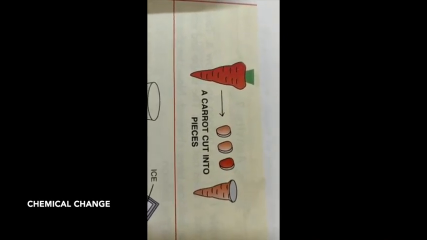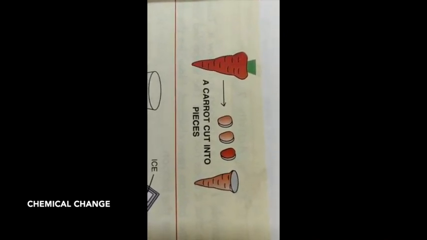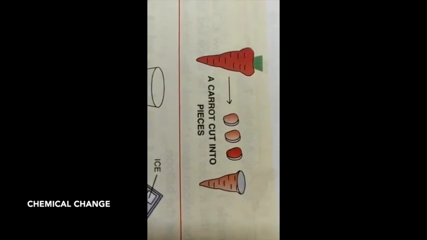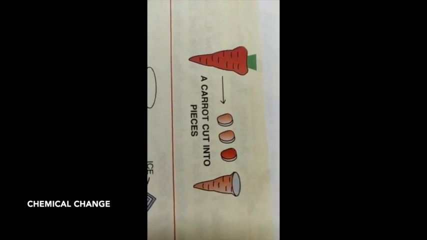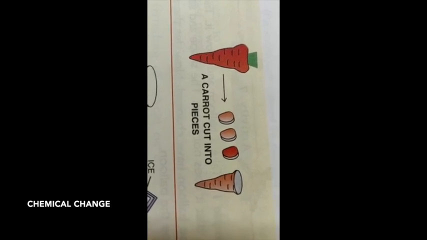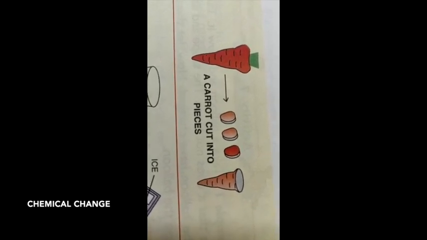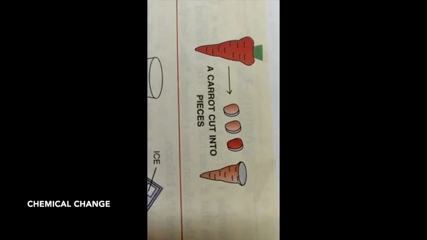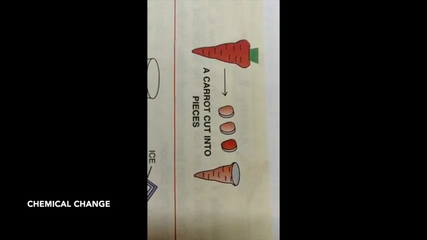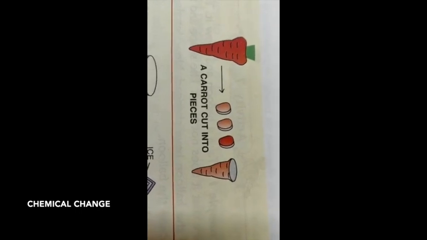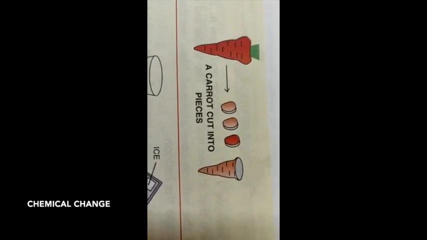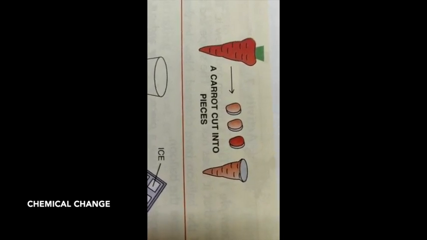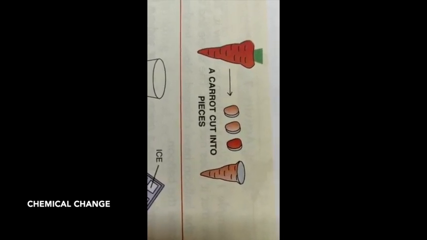As no new substance is formed, it is a physical change, but the difference is that you see not a double arrow but just a single arrow between carrot and pieces. Why is it so? Because it is not a reversible process. The meaning is that it is not necessary that every physical change is reversible. There are some physical changes which may not be reversible.